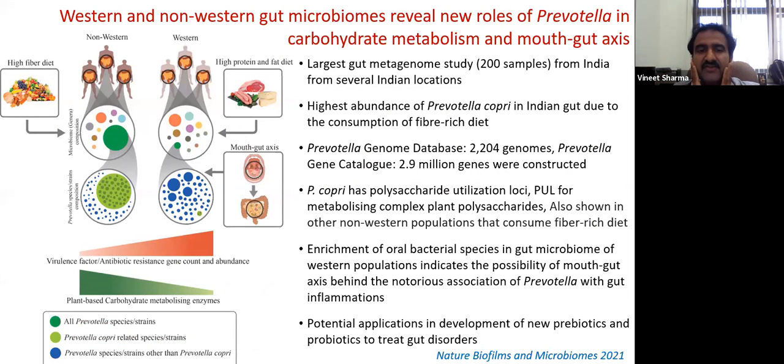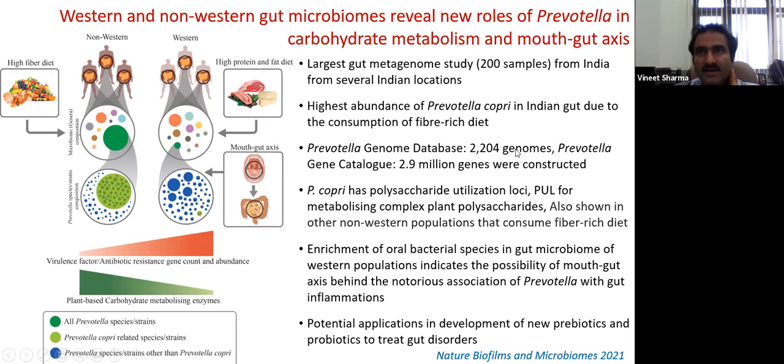This was published last week in Nature Biofilms and Microbiomes. I could not prepare many slides from this, but the message is that we explored Prevotella in a lot more detail across the globe. We considered 9 populations, did a comprehensive analysis, including both Western and non-Western populations. This was also the largest gut metagenome examined so far from India.